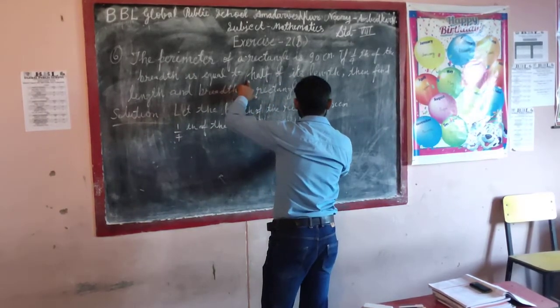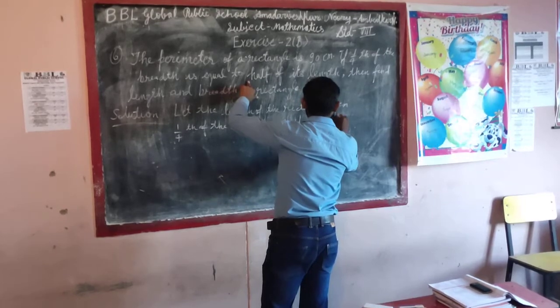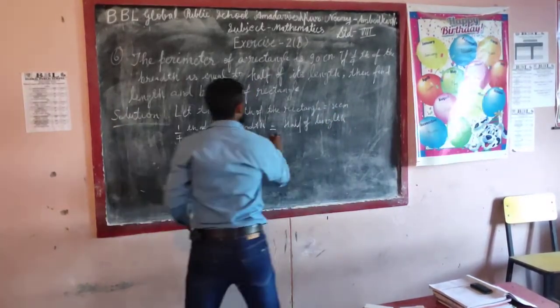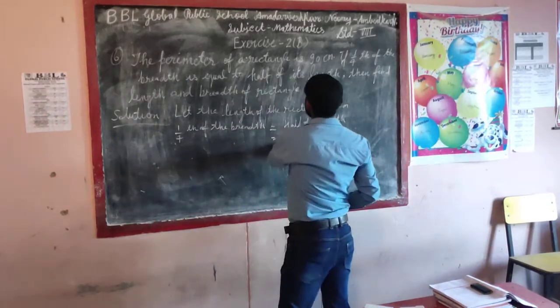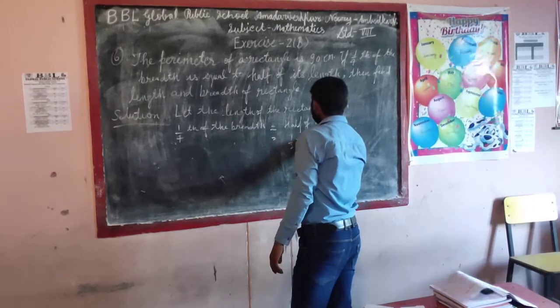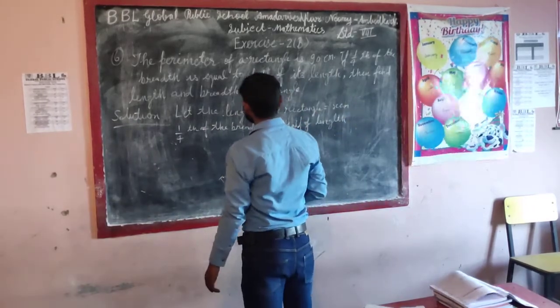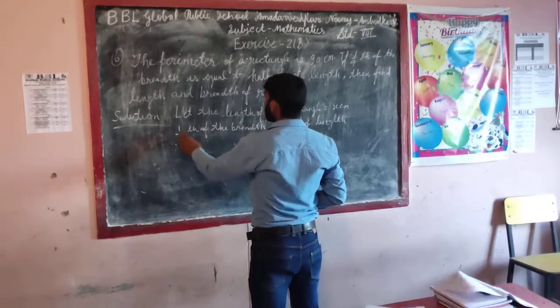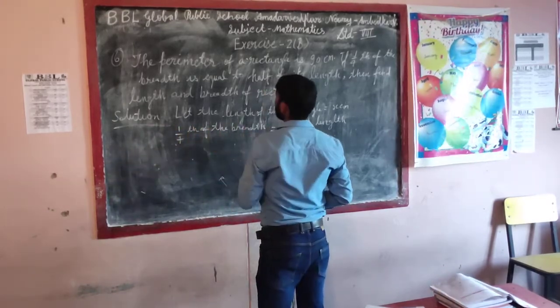Length is x centimeter, half will be 1/2 x. 1/4 of the breadth is equal to 1/2 x.